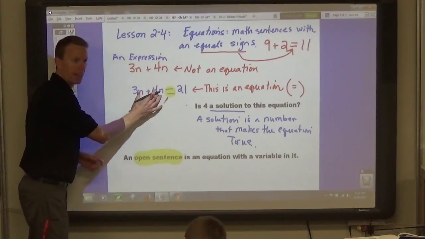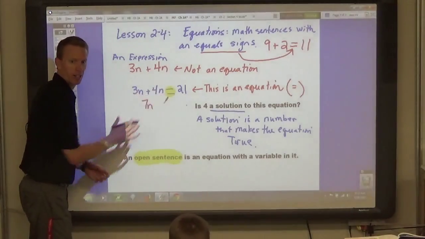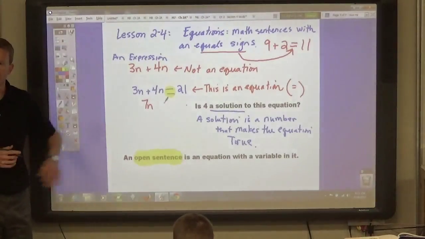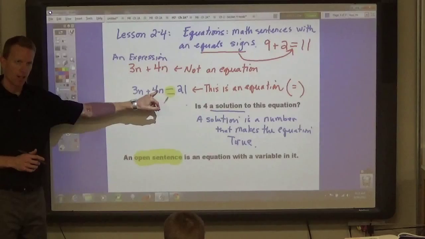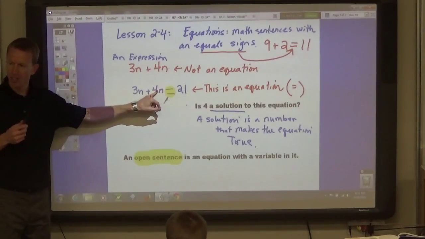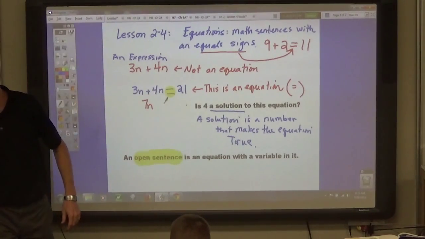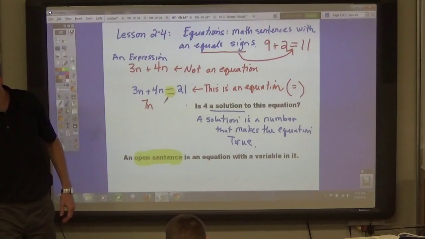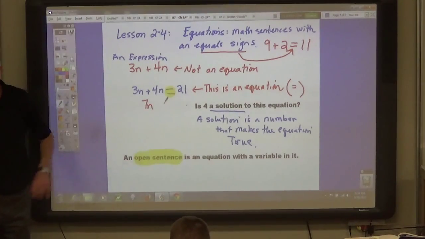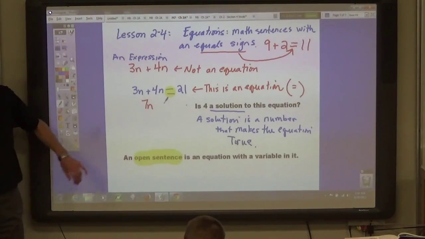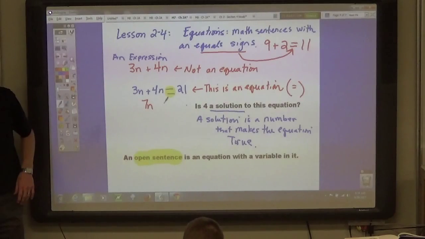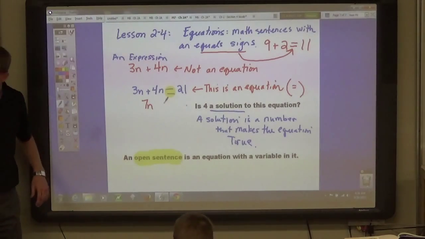So, we can add these because they are what, Gray? Because they're like terms. They both have n's. They're both variable terms, right? They have the same variable. What is the variable? What's the letter? N, yes.